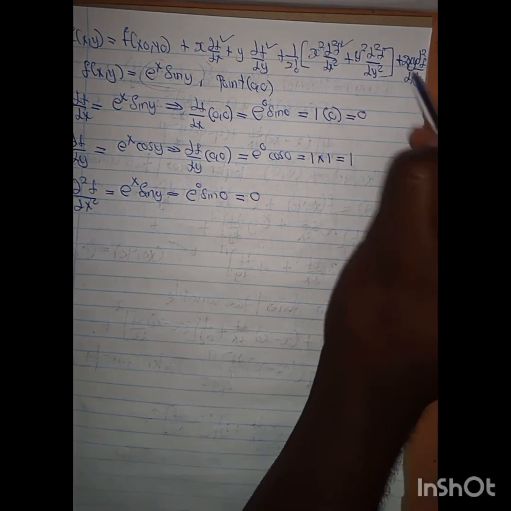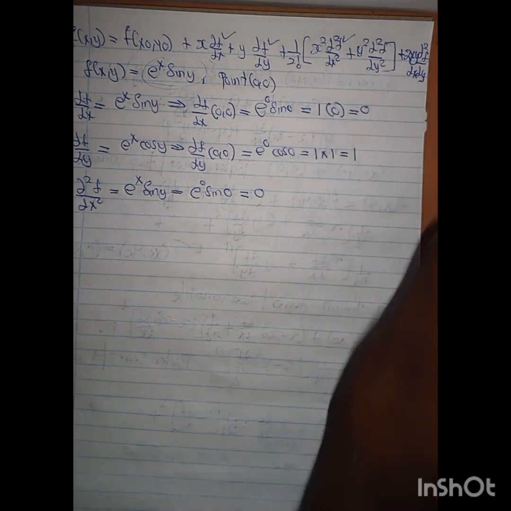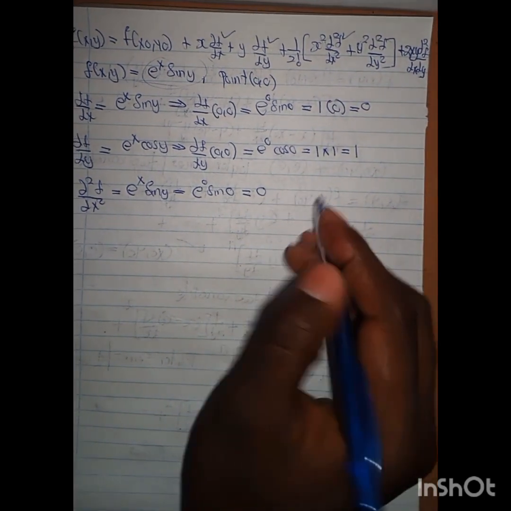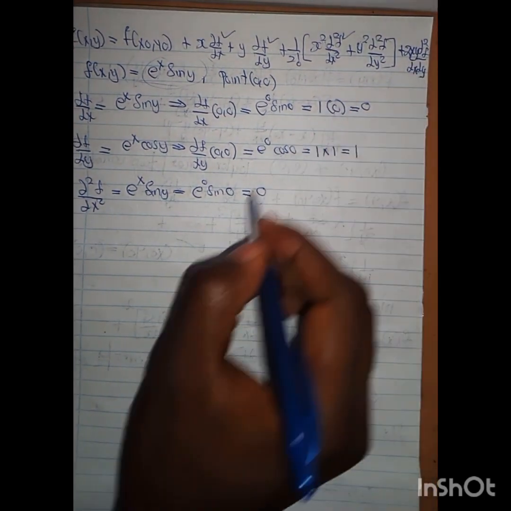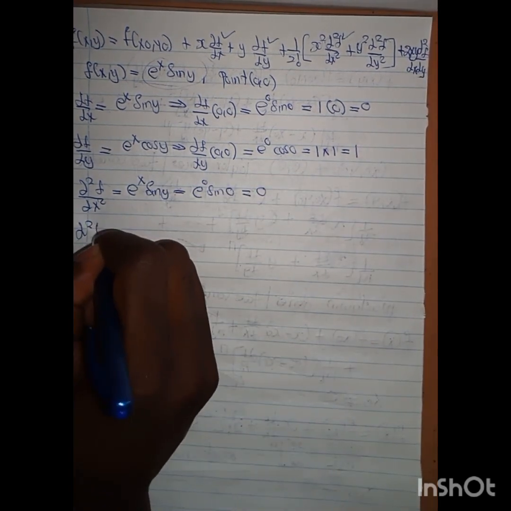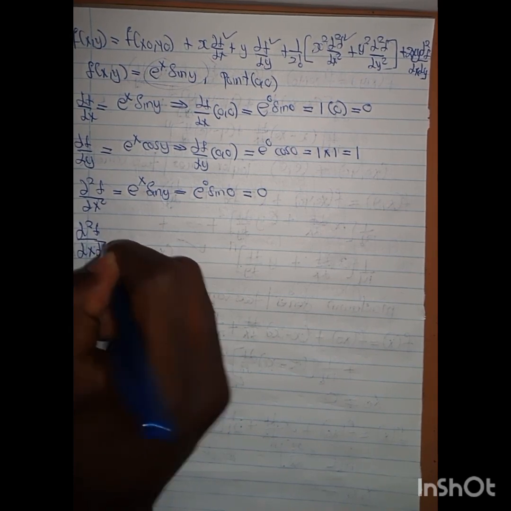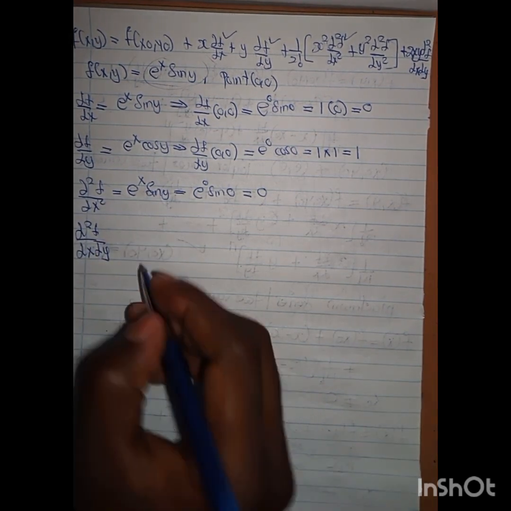This term should be included in this equation. I left it when I was rewriting, but we need to include it when we solve this problem. So now let us focus on d squared f over dx dy because it is part of the equation.